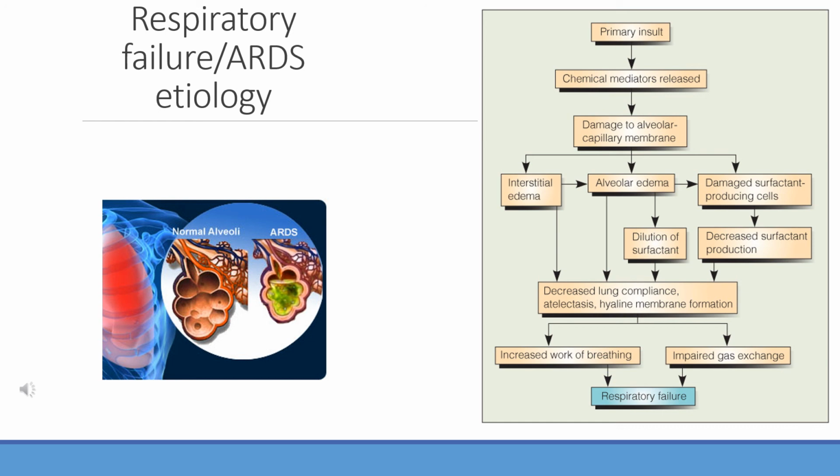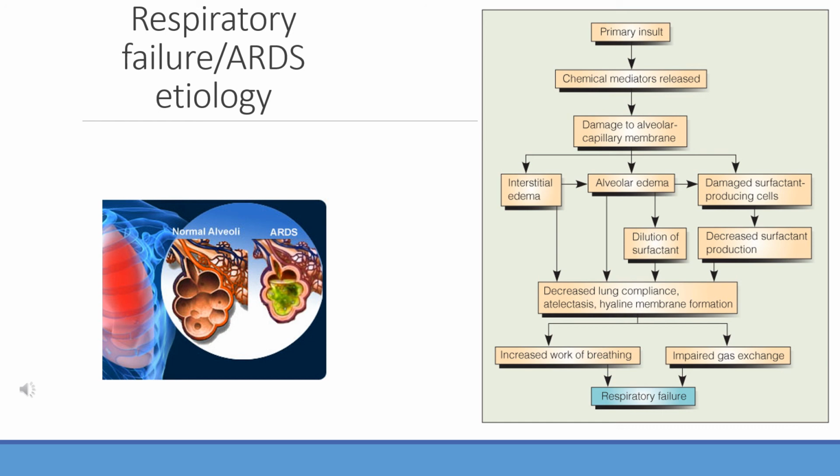Without normal surfactant, the tissue surrounding the air sacs sticks together because of the surface tension after exhalation, causing the alveoli to collapse. This inflammatory process also damages surfactant-producing cells, leading to a deficit of surfactant, which increases the alveolar surface tension, and the alveoli collapse. That's called atelectasis.